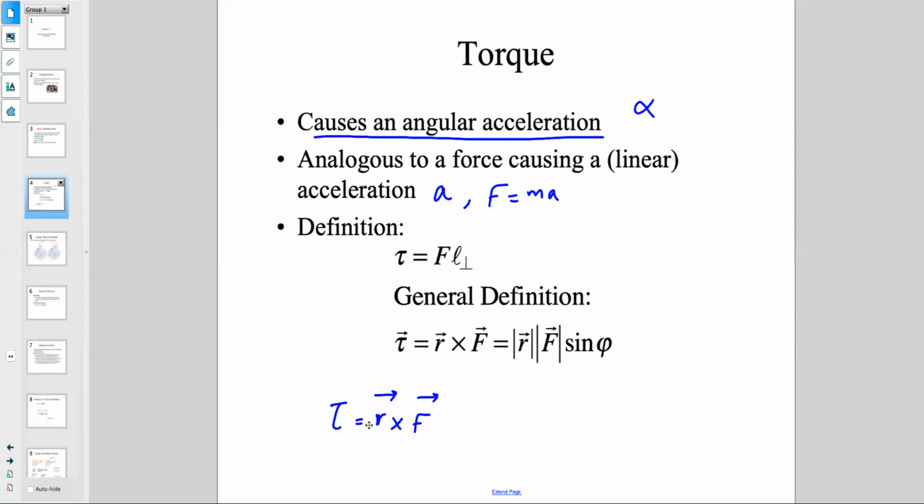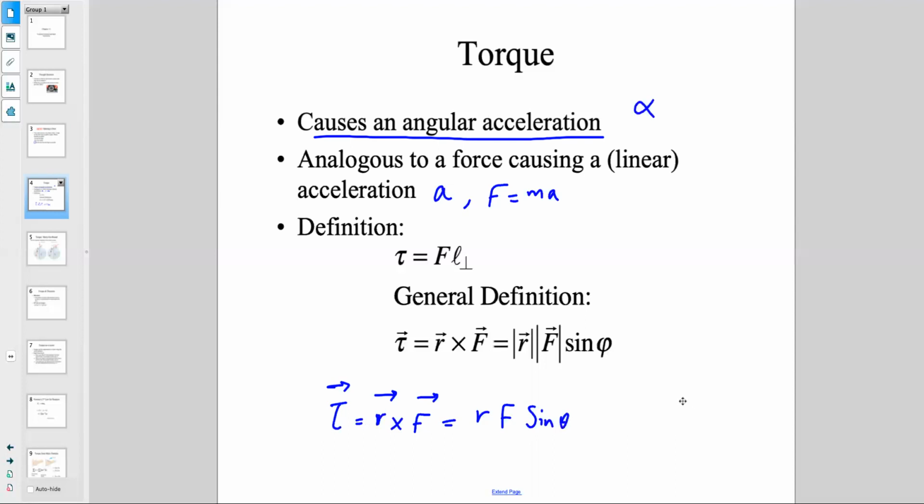If you make a cross product out of these two vectors, you get a quantity called torque. This is the magnitude of r times the magnitude of F times the sine of the angle between them, sine of phi here, for example, or sine of theta.